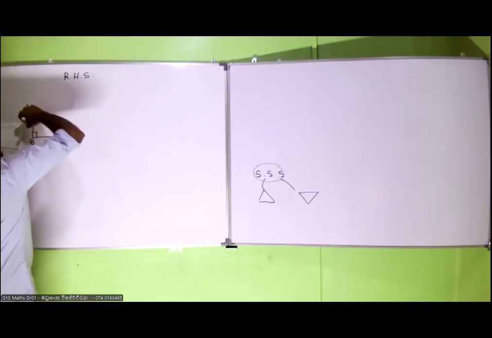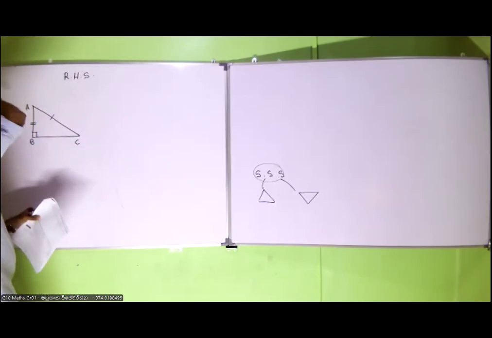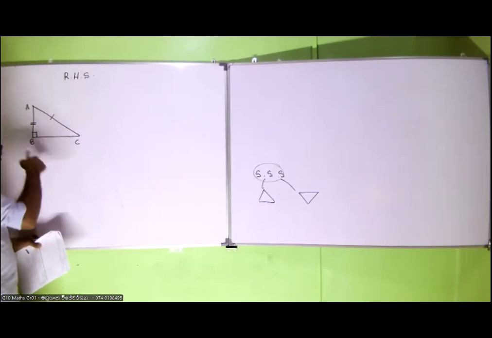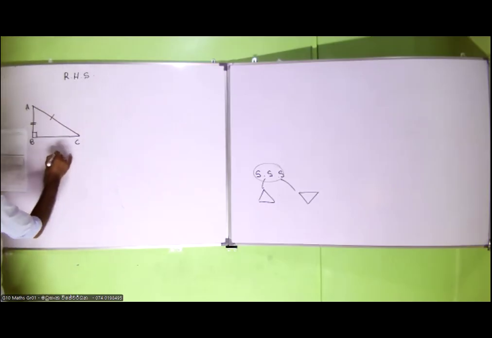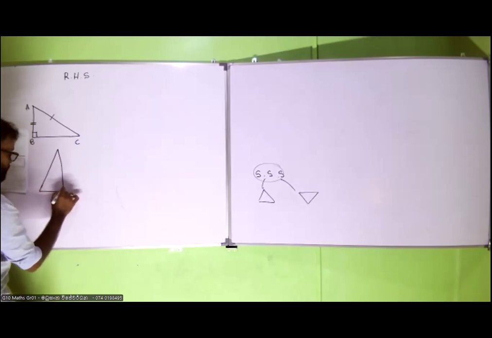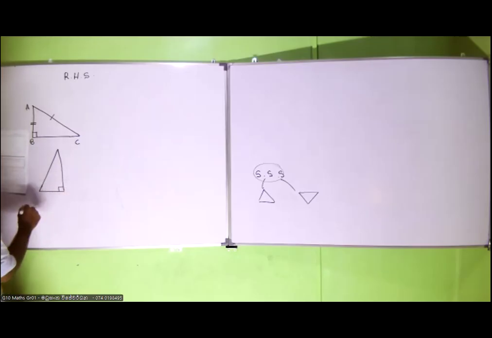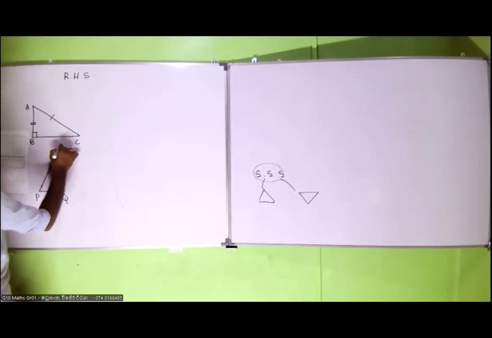The hypotenuse is marked and this side AB is also marked, the hypotenuse and a side of a right angle triangle. This one is the other one, right angle triangle PQR.